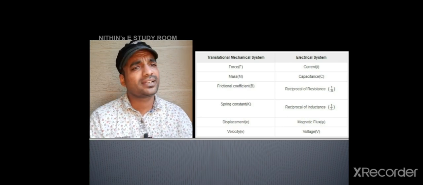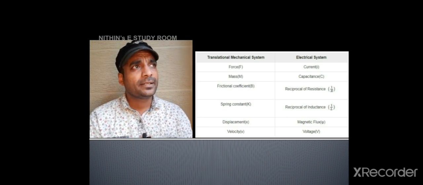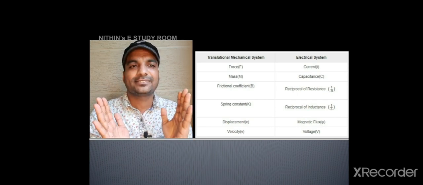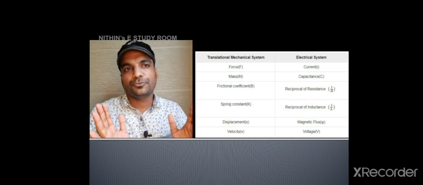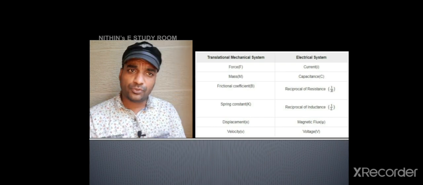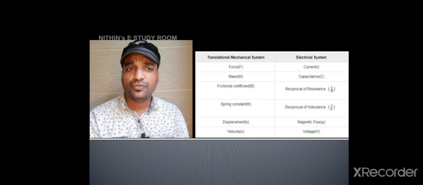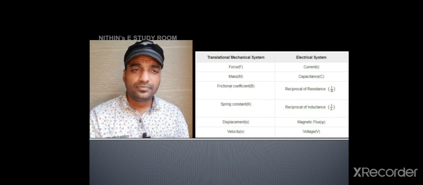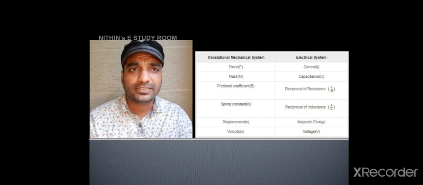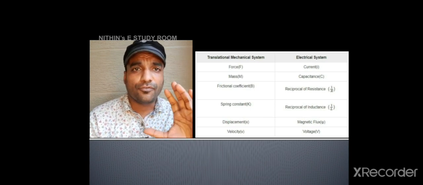You can simply write flux also, but according to Faraday's law, in terms of an electrical engineer's representation, you have to specify that it is magnetic flux linkage, and its differential, velocity, is analogous to voltage. So this is the final table in which I have summarized all the analogous terms of force current analogy.